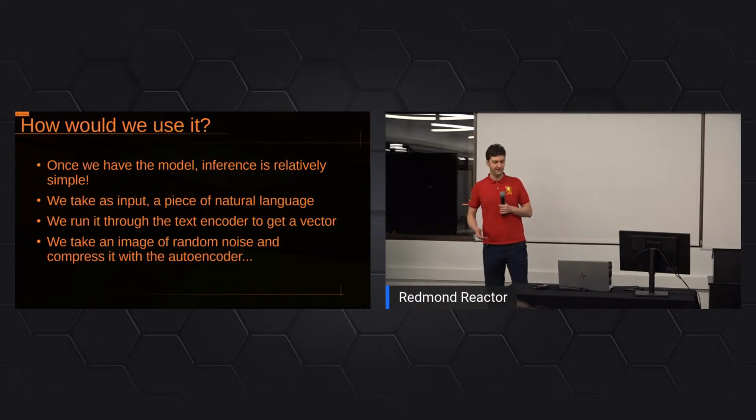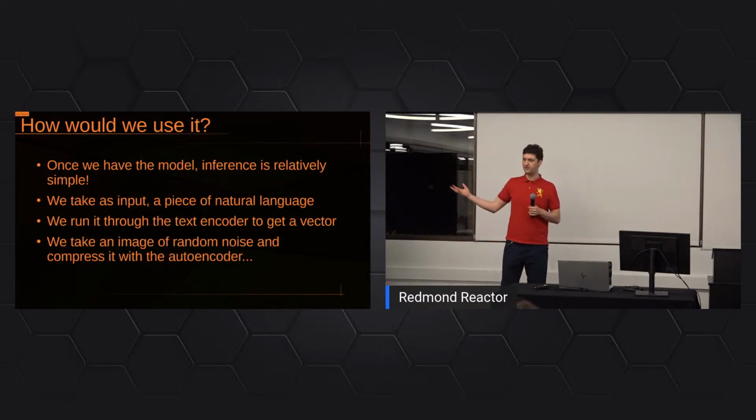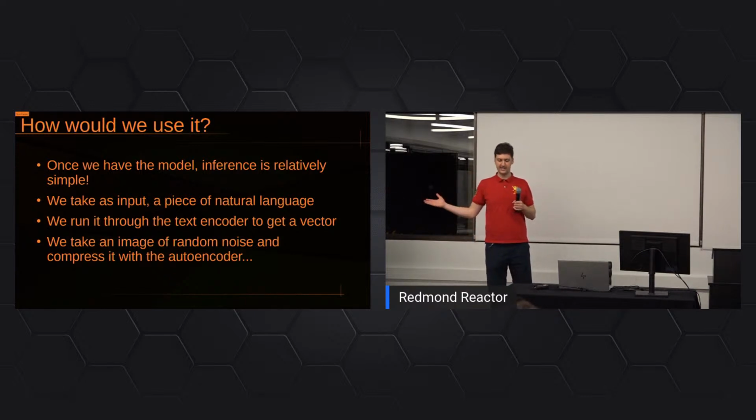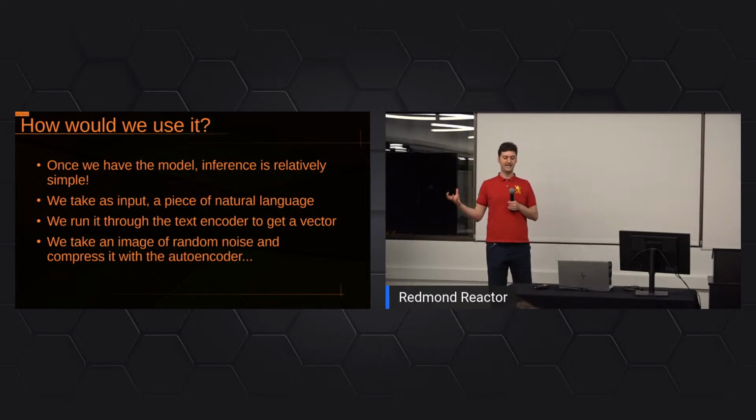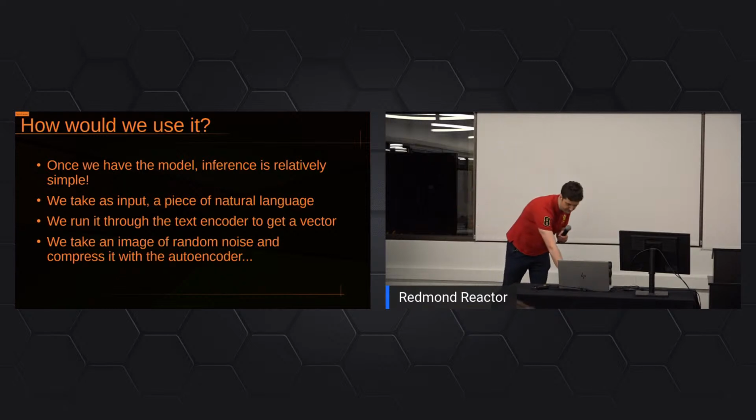And so once we have trained our model on all of these pairs of data, inference is relatively simple. We take as input a piece of natural language, like a dog in a house, and we run it through the text encoder to get a vector, and then we take an image of random latent space noise from the autoencoder.